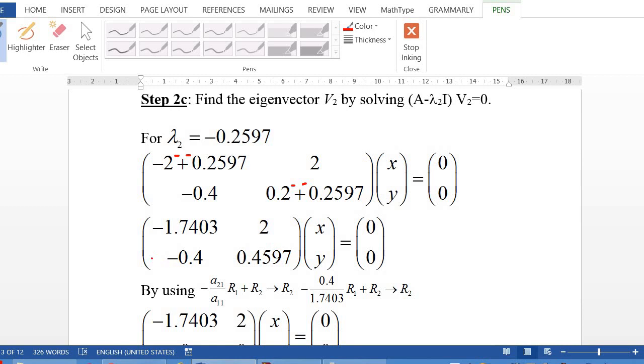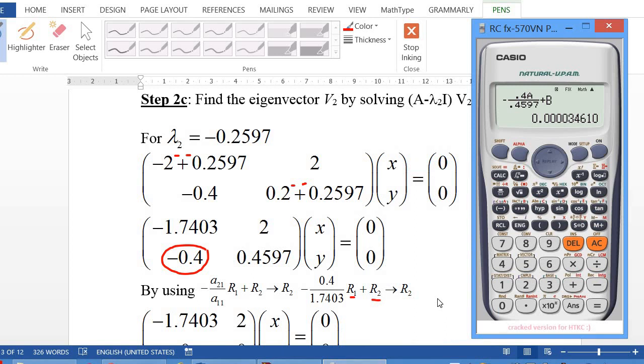Hence, we have to use the row operation. Our purpose is to reduce a21 to 0 by using the operation negative a21 divided by a11. So negative over negative is positive. However, outside I have negative, so it's negative 0.4 divided by 1.7403, times row 1 plus row 2, and I'm going to plug it into the calculator like just now.